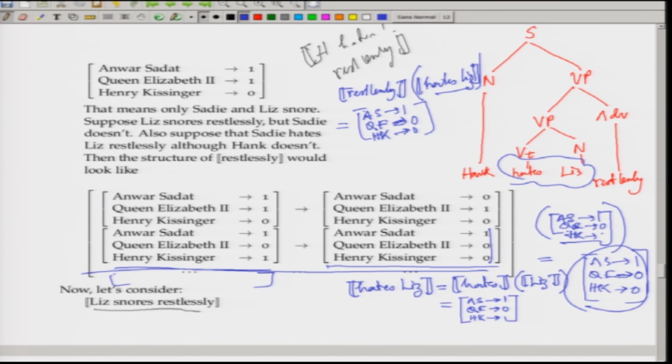This function, right? Now, what is my original sentence? Our original sentence was Hank hates Liz restlessly, right? So, then what is the truth value of this entire sentence?